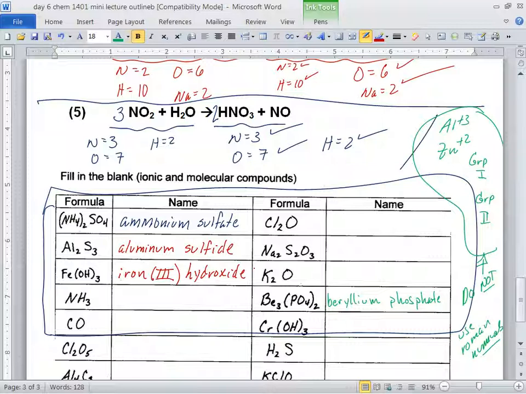When you name NH3, is there a metal? No. So that means you've got to count to 10 in Greek. Use those Greek prefixes with NH3.